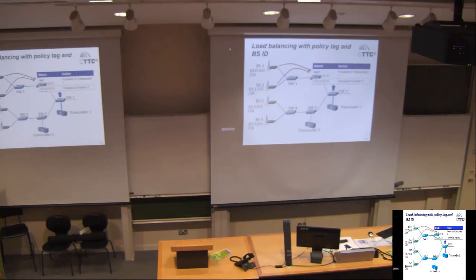The same for traffic initiated from base station 3 and base station 4. Here we specify a match with tag 1, which means in this case video. And with this match, we enforce that traffic generated by UEs attached to base station 3 and base station 4 goes to transcoder 2.